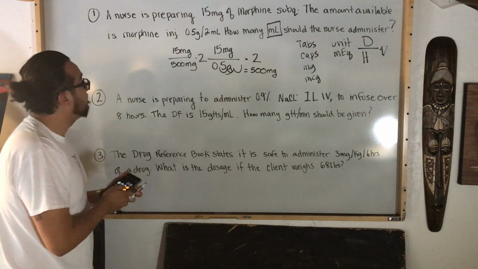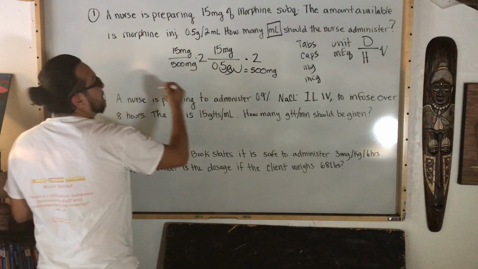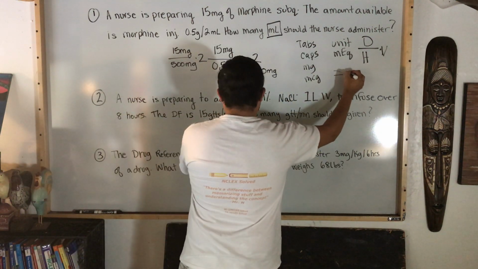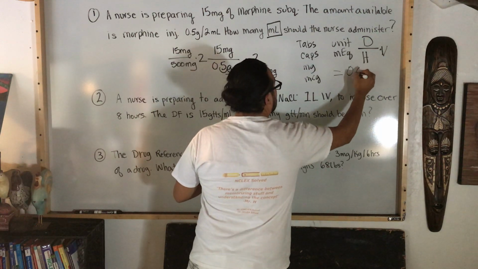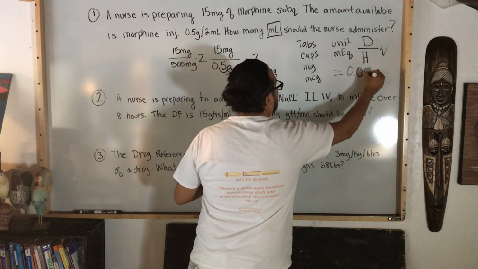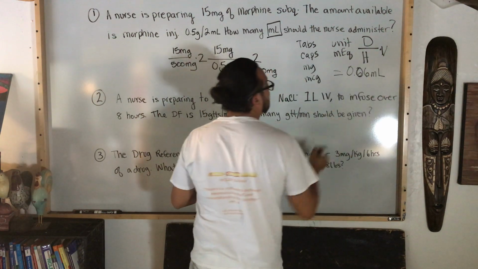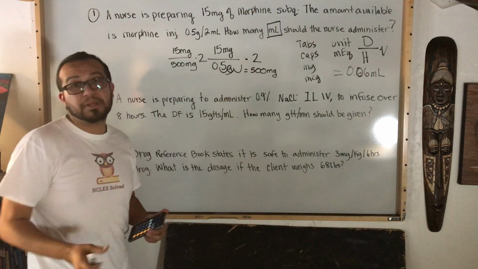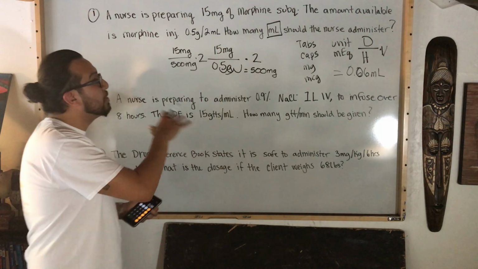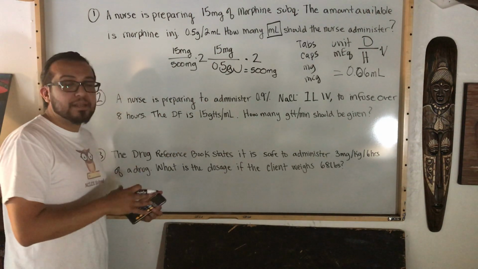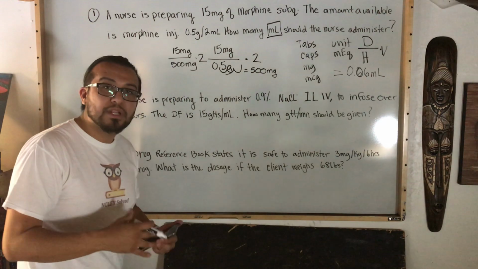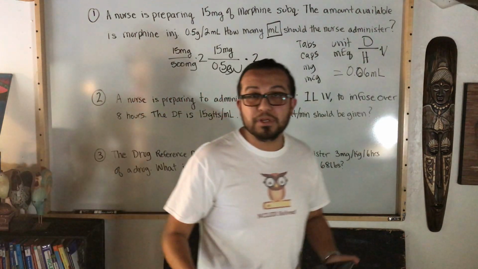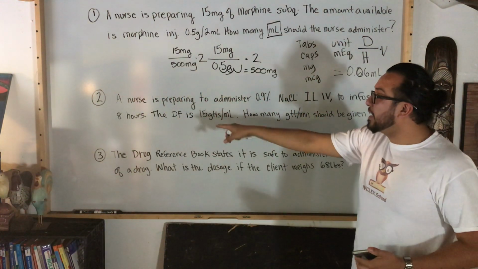And then it gives us, I'll write it right here, equals 0.06 mLs. And that's essentially your answer. I know the numbers look a little bit unrealistic because I'm just making them up, but that's a good tool to find out what dosage calculation or what formula you're going to be utilizing. Moving on to the next one.